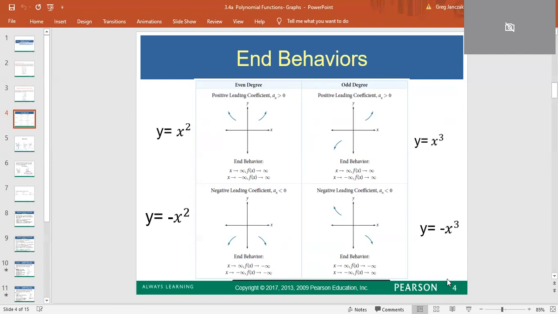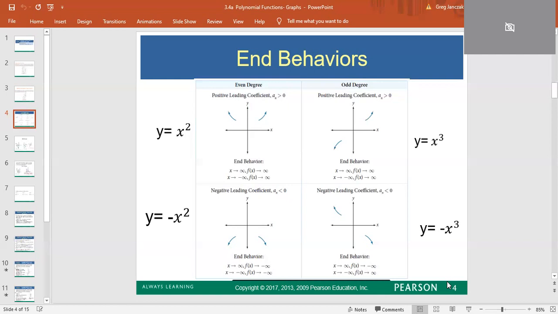In between, it may go down and then up and then back down again. But at the end, it's going to go up to the left and up to the right when x squared is positive. So this is an even function and its leading term coefficient is positive.